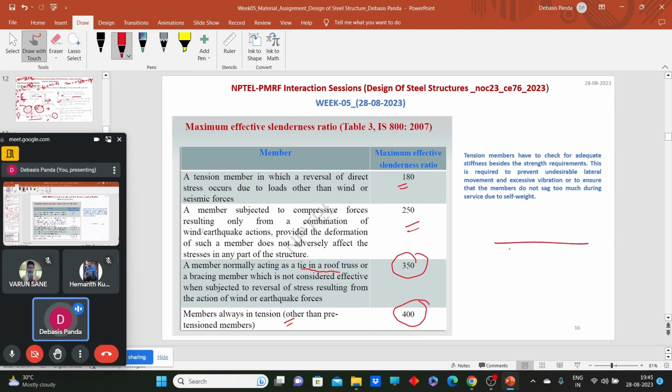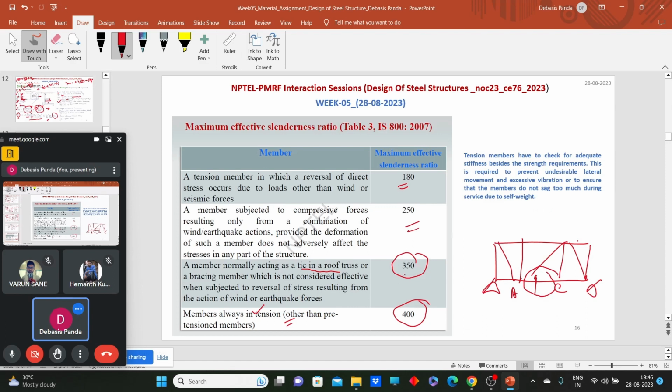Like if we have this kind of member or trusses, say here we have a member. Now what should be the maximum slenderness ratio for this kind of member? First you need to identify, is this member subjected to direct tension or compression? What is that?